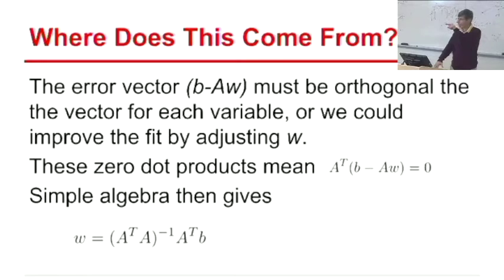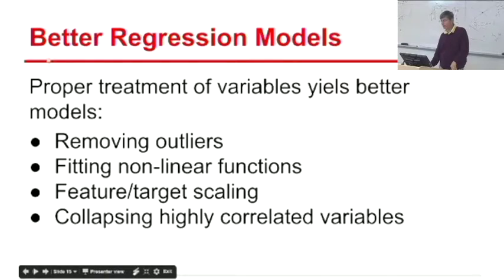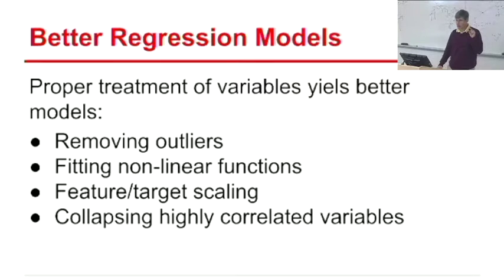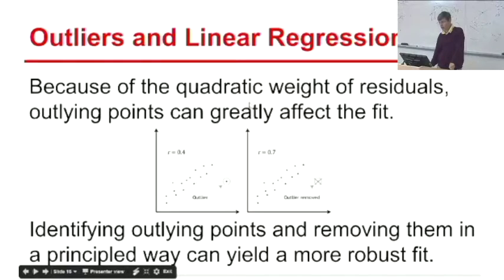Okay? Any questions? Okay. So let's now look at how we can use this linear regression, this curve fitting algorithm, to build good regression models. There are several different ways you could do it. You could just say, oh, here I've got a bunch of points, here I've got my target variables, run it through the machinery. There are several considerations that might come in. Okay? The first has to do with outliers. Here we have an example of a set of points where all of them lie on a line, and are pretty good except there's one outlier.